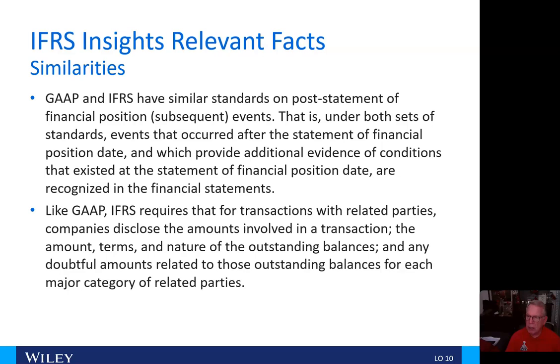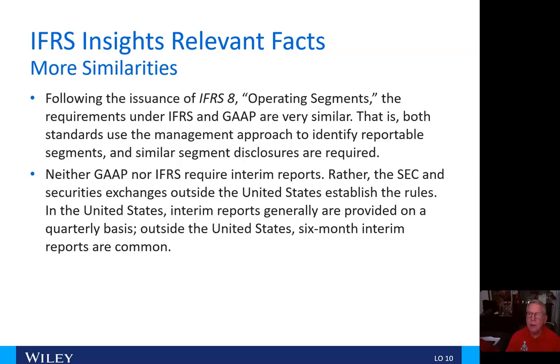And number two, like GAAP, IFRS requires that for transactions with related parties, companies disclose the amounts involved in a transaction, the amount, terms, and nature of the outstanding balances, and any doubtful amounts related to those outstanding balances for each major category of related parties.